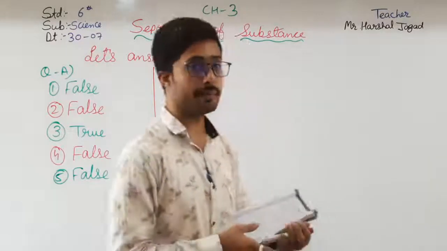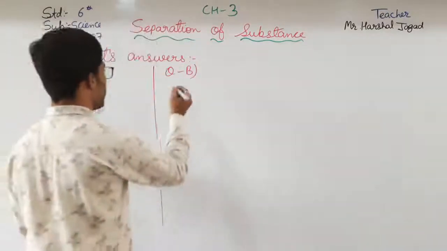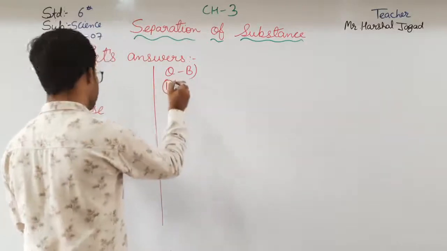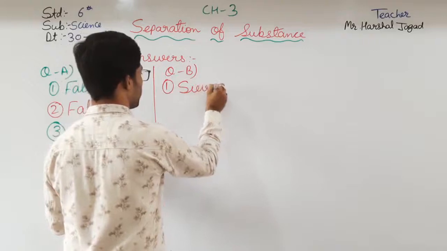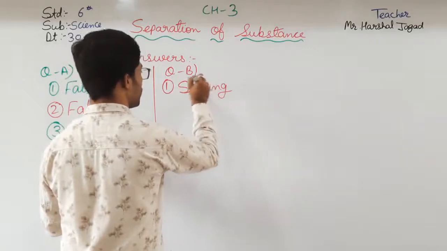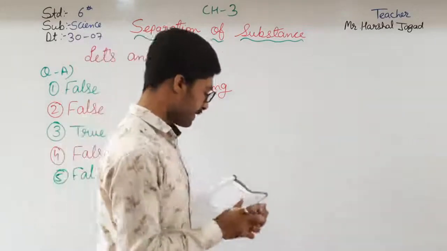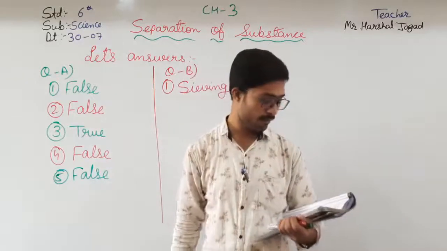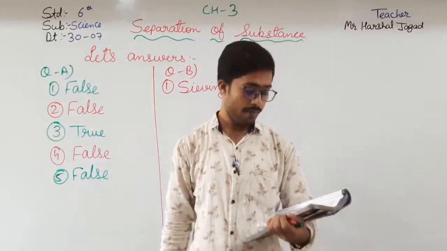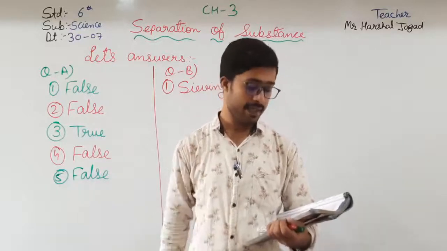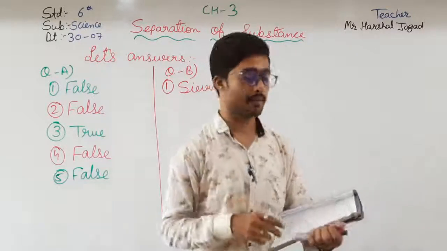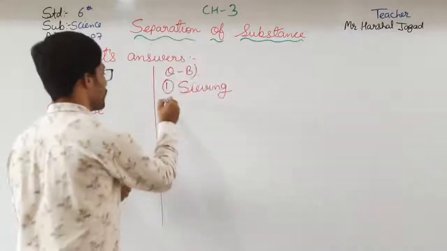So here it will be sieving. Second: the process of pouring out the clear upper liquid without disturbing the sediments is called sedimentation or decantation. So it will be decantation.